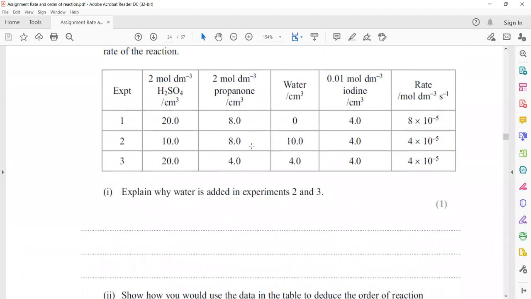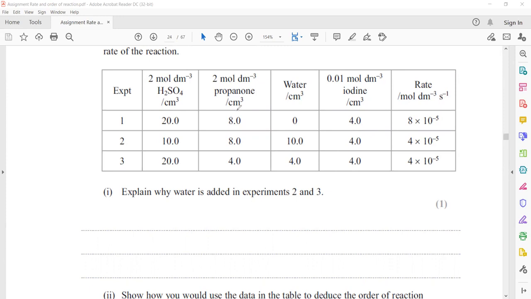The first one, we are using 20 cm cube of propanol, and the total volume of the solution is 32. Why is the total volume 32? Because iodine is also added. If iodine is added, the total volume is 32, because 20 plus 8 plus 4 is 32.